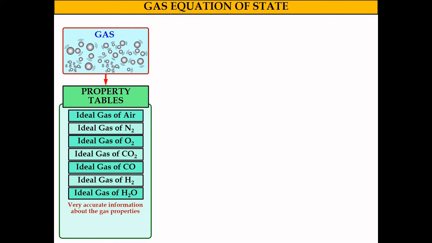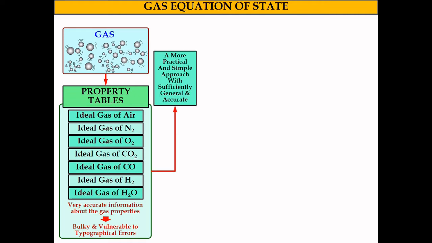So these ideal gas property tables will give you very accurate information about the gas properties. However, we will have bulky data, and the table is actually vulnerable to typographical error. Because we are involved with many data, sometimes we tend to make errors when we read or take the data from the table.